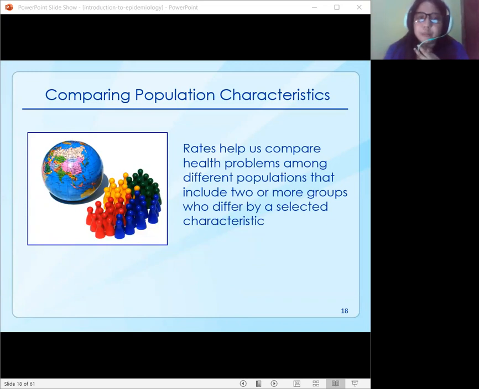So rates help us compare health problems among different populations that include two or more groups who differ by a selected characteristic. In epidemiology, we cannot stop at simply comparing the number of cases. We also need to compare rates.